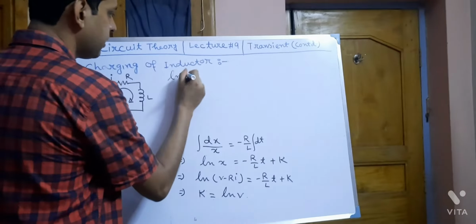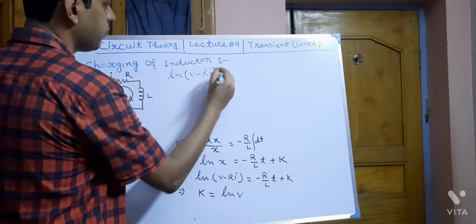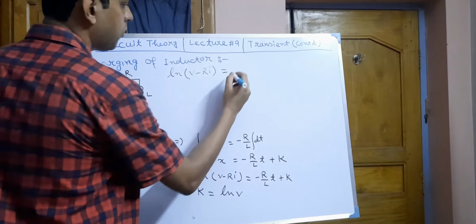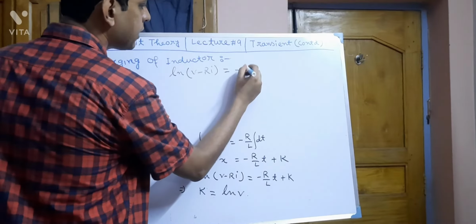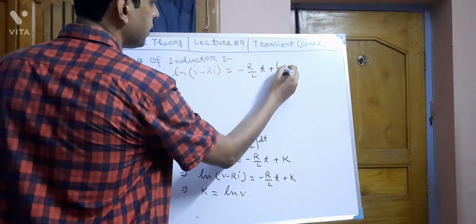Let us replace k by ln v. So we will get ln of v minus ri equal to minus r by l into t plus ln v.